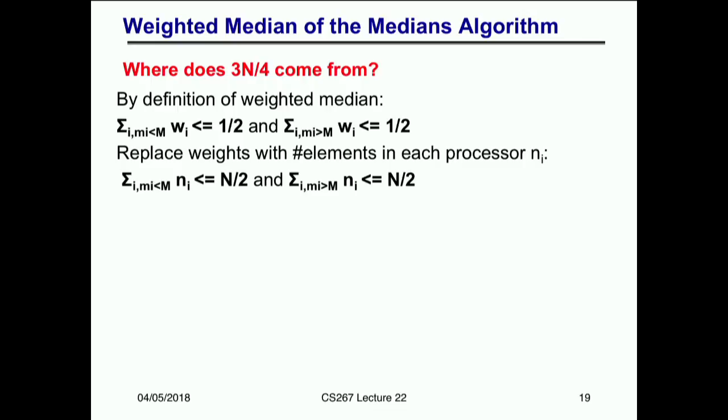Unfortunately, I can't draw you a rectangle because weighted median is a little harder to visualize than the median. But we can do it algebraically. So what's the definition of weighted median? You can think of the original median definition as all the weights equal to 1 over n.